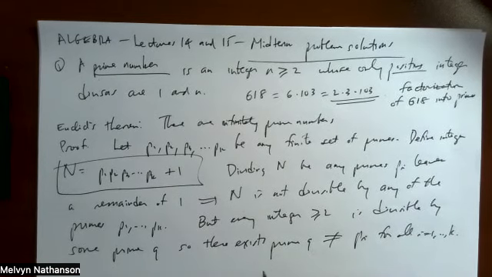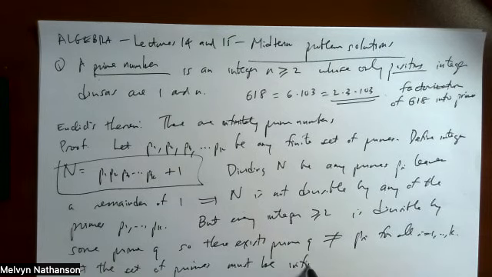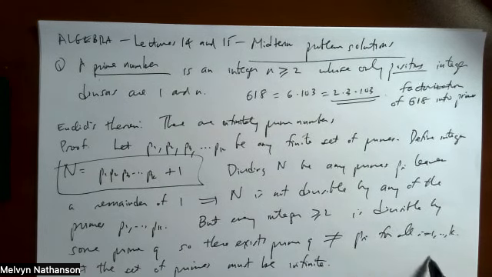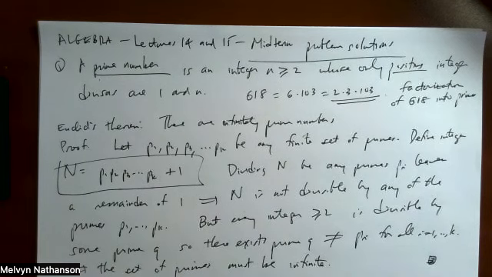So there's no finite set of primes. So the set of primes must be infinite. There are infinitely many primes. And that's the proof.